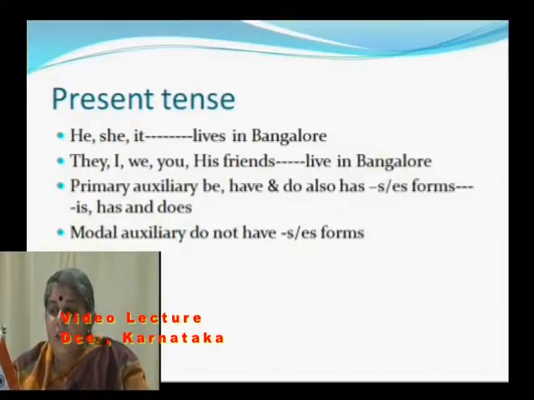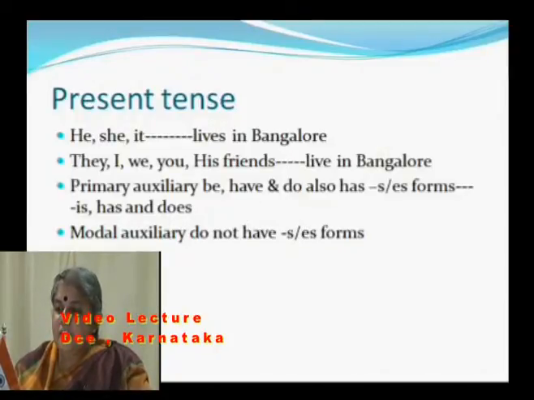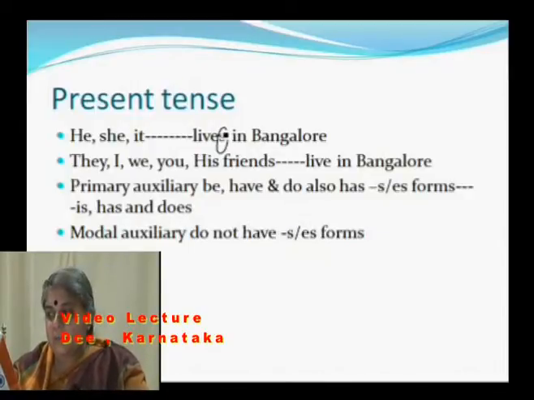He, she, it in third person singular, the verb takes which particular suffix? S or es. Whereas, in first person singular and plural, I, we, second person you, third person they, or I have given you another noun, his friends, the verb does not change at all.